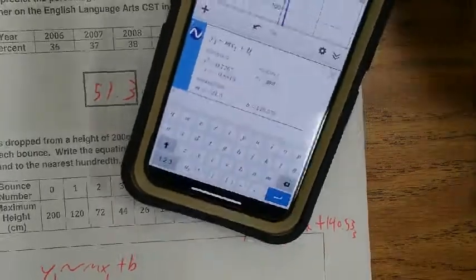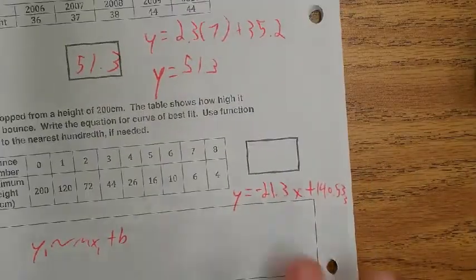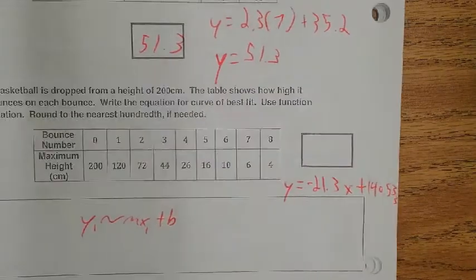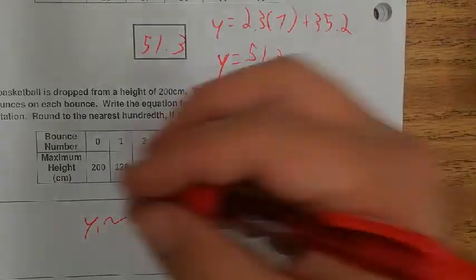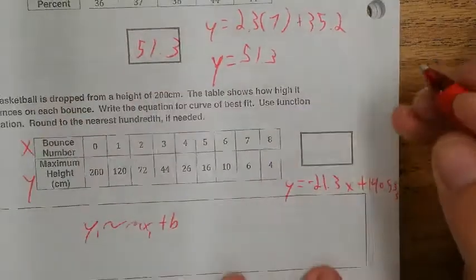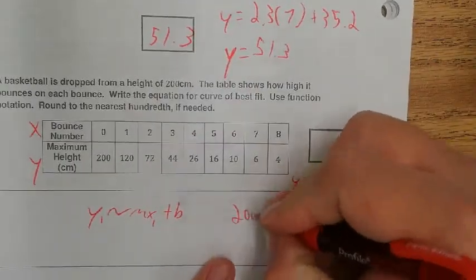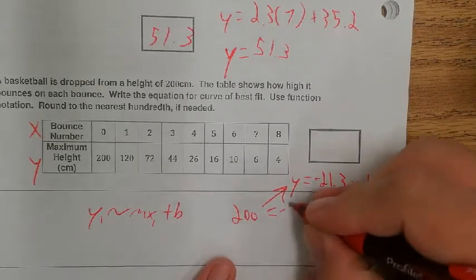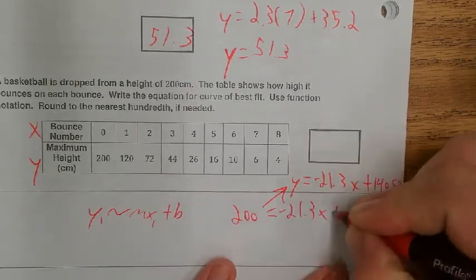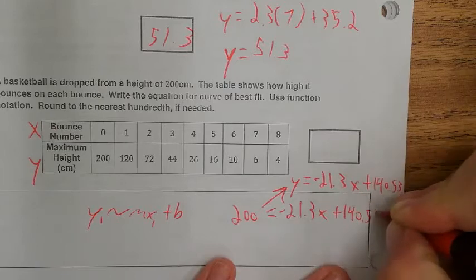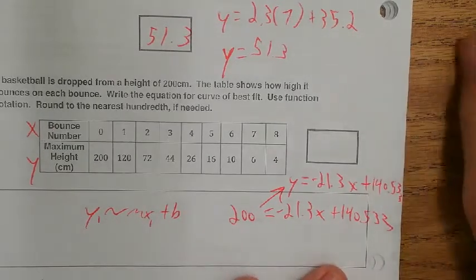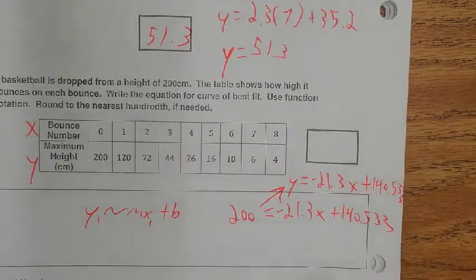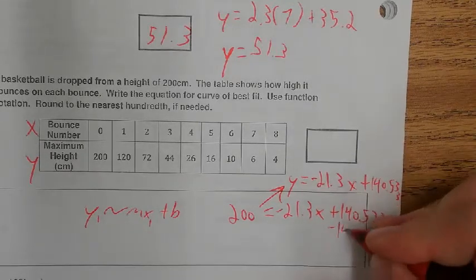All right. So now it says for 200 centimeters. That is the y, because this is our x, this is our y. So we're going to put 200 in for the spot of y. So once you do that, solve the equation.